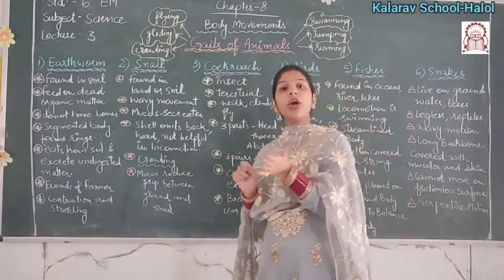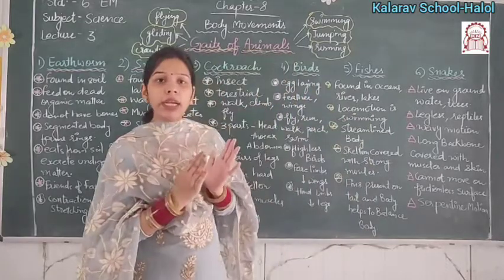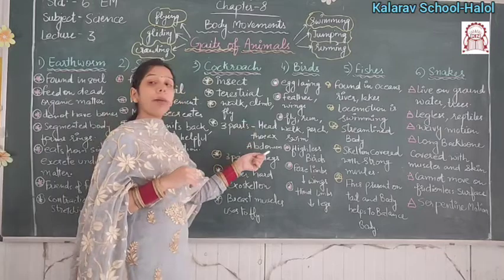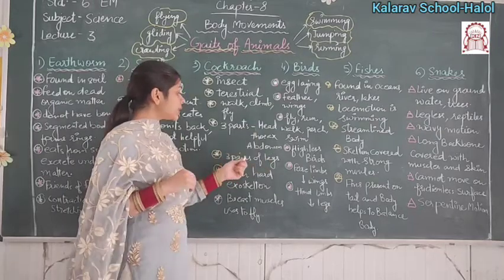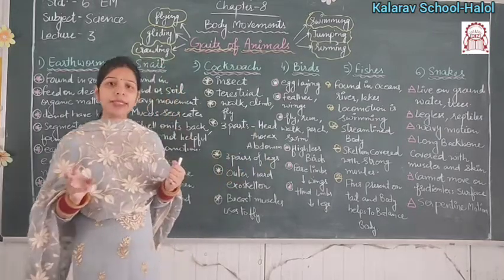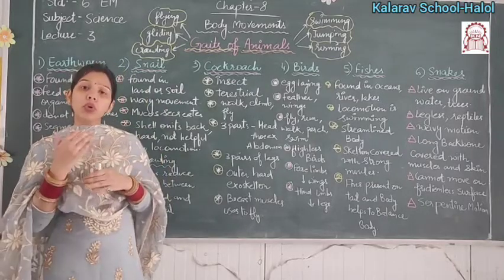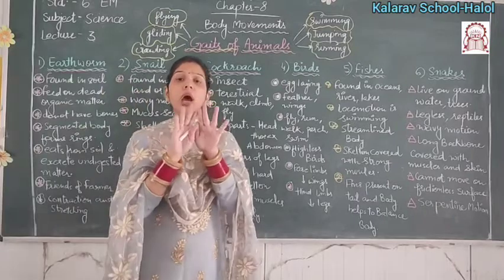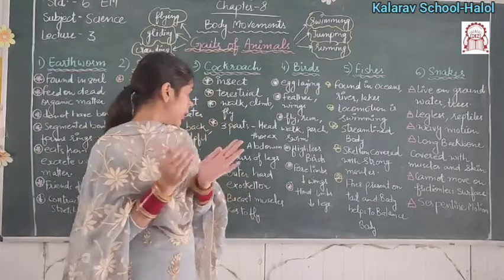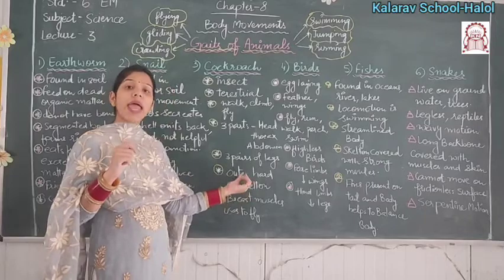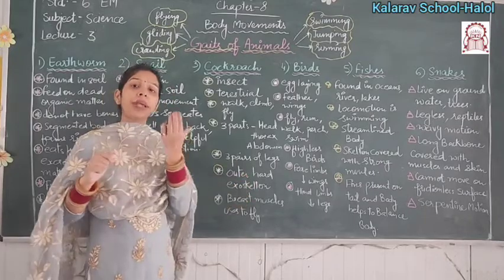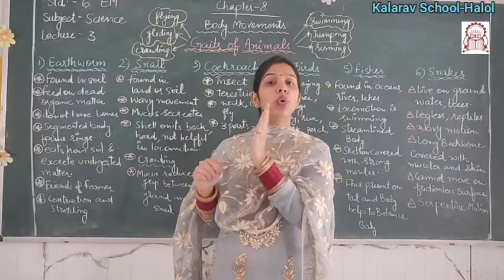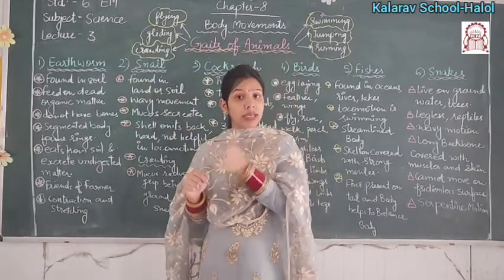The body of the cockroach is divided into three parts, that is head, thorax and abdomen. The thorax has three pairs of legs which help the movement of cockroaches. Cockroaches have an outer hard skeleton, which is called exoskeleton.